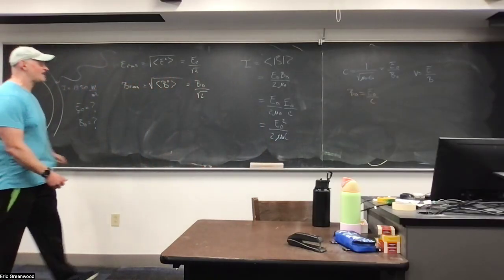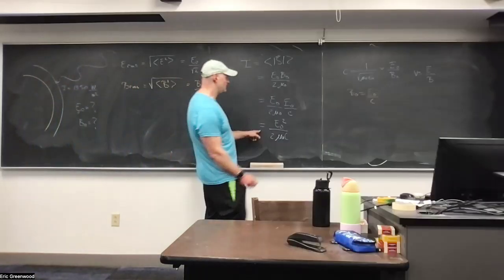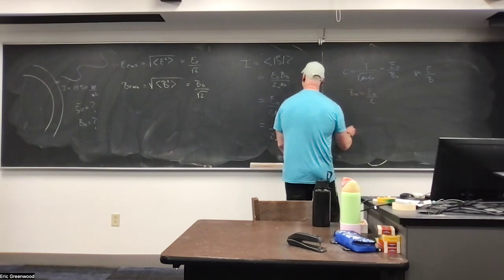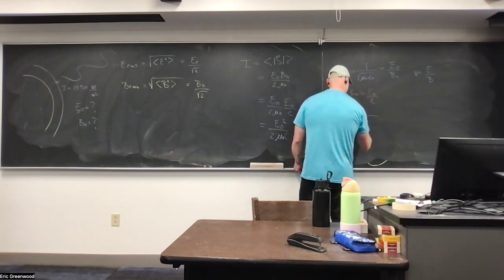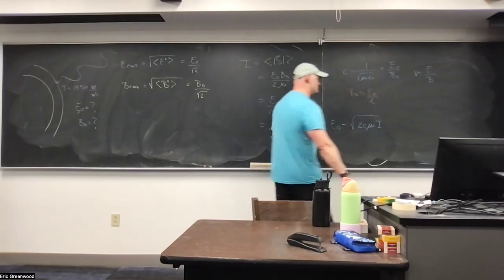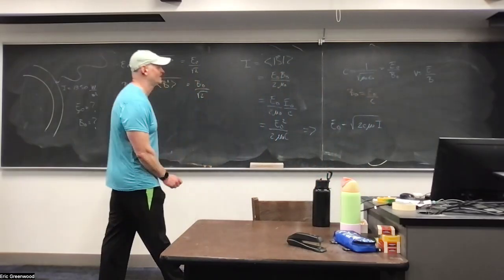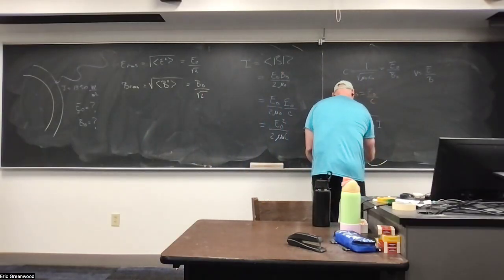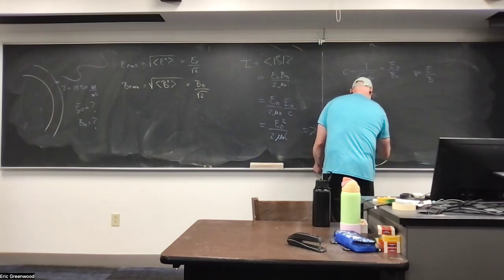So from this, now we can actually solve, because we can solve for the electric field. So over here, we're going to get our electric field amplitude is equal to the square root of 2 times c times mu naught times the intensity. Plug that in. What we're going to get in this case is 1.01 times 10 to the 3rd.